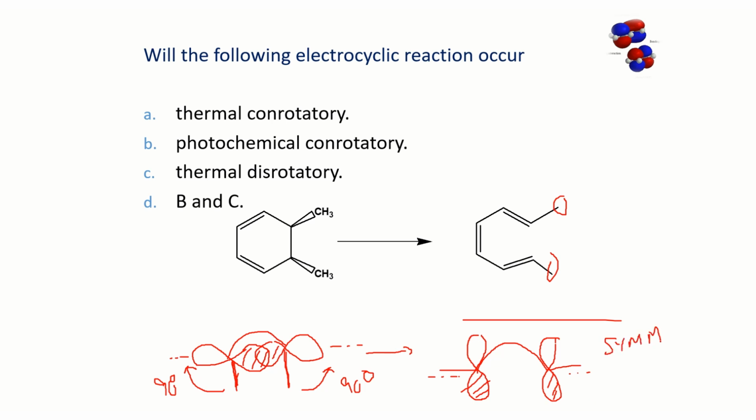So the question is, which situation or which event would require a triene to have a symmetrical highest occupied molecular orbital?